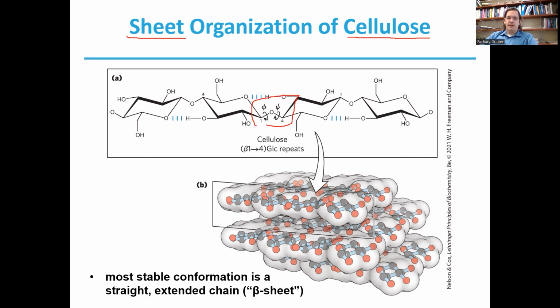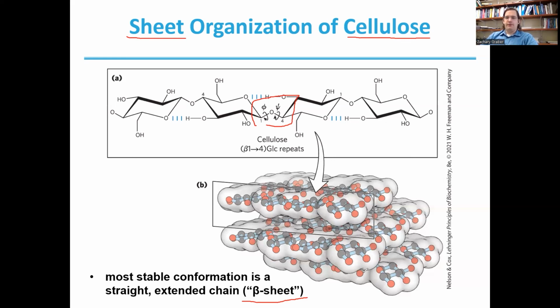We can even stack them on top of each other and form essentially sheet-like conformations like our beta sheets. Now, this structure might remind you of the silk fibroin protein that we saw earlier, where we can lay all these sheets on top of each other and create very strong fibers with all the hydrogen bonding and interactions between these different sheet structures.